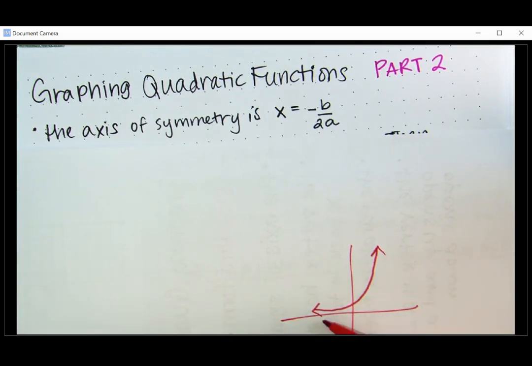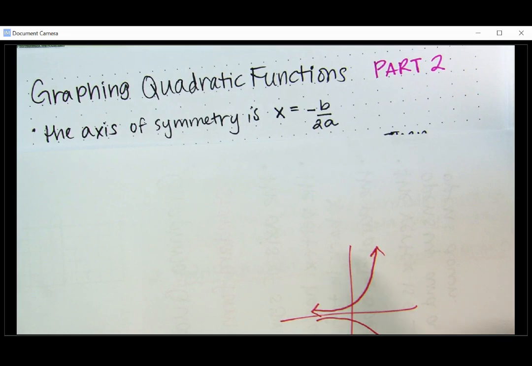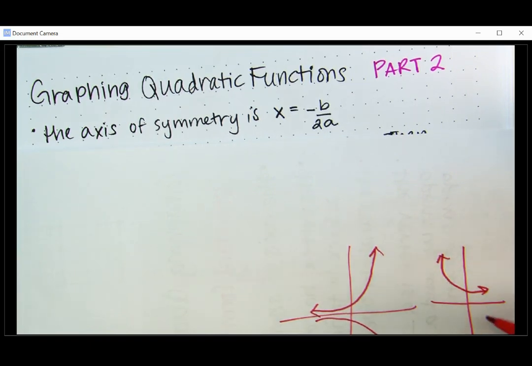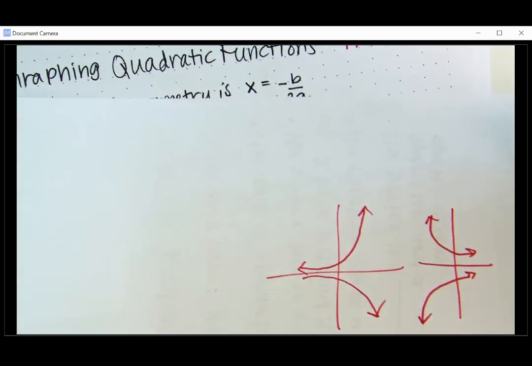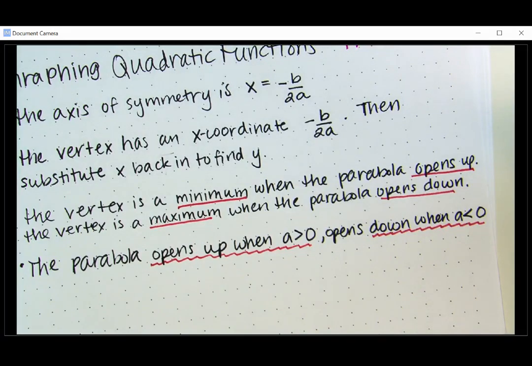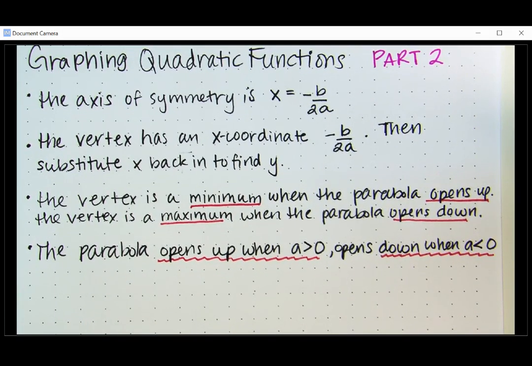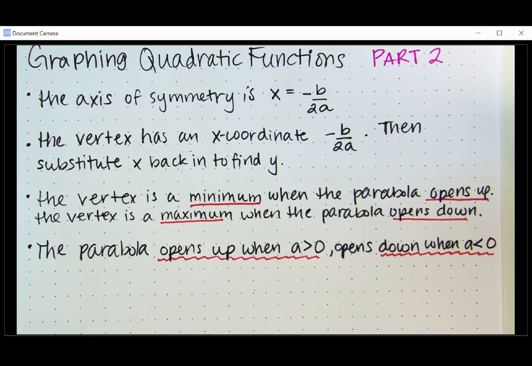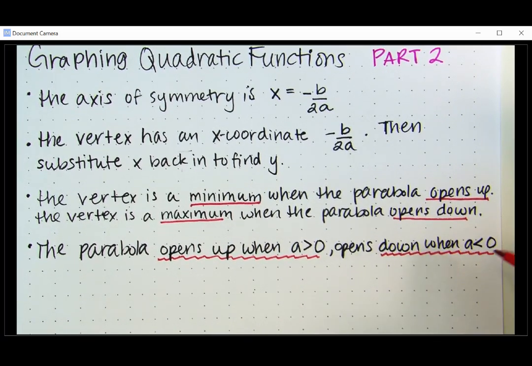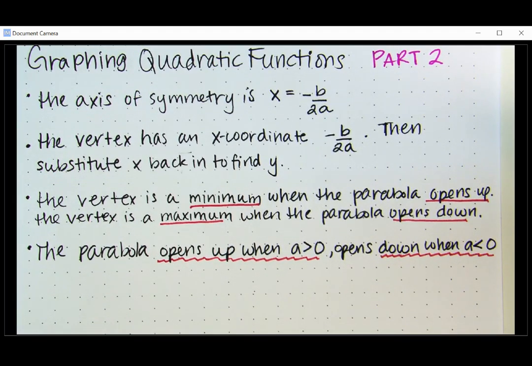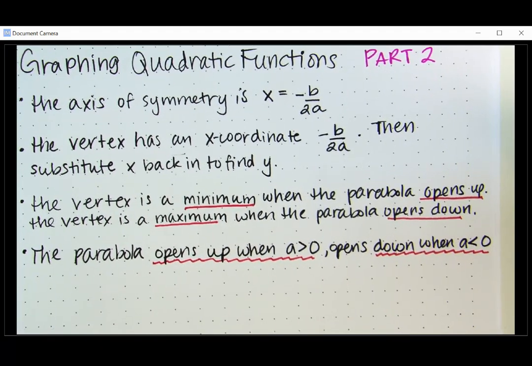If a was negative, we got a reflection, right? Or if our graph looked like this, if a was positive, and if a was negative, it was the reflection, right? So the same type of thing is going to happen here. When a is positive, it's going to open up. That's kind of like the parent function or the basic way that a parabola looks. But if we have a negative a, we're going to get a reflection. So it's a way to relate to what you've already seen before.